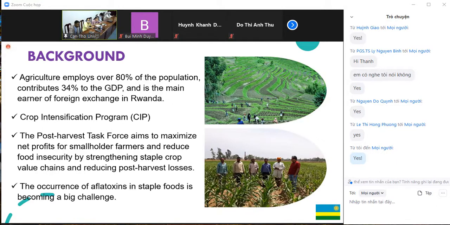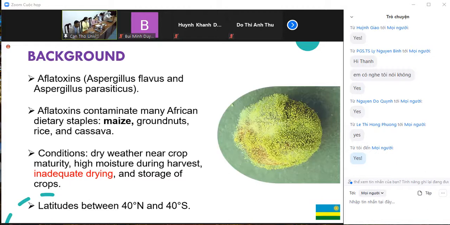But we still have a problem now with the occurrence of aflatoxin in staple food, which is becoming a very hard problem. As we speak about aflatoxin, it comes from fungi: Aspergillus flavus and Aspergillus parasiticus.